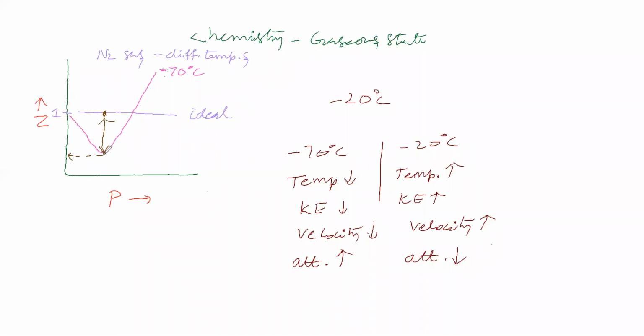At this point, at this pressure. In this graph at minus 70 degrees Celsius, the magnitude of attractive force is highest for nitrogen gas at this pressure. At the rest of the pressures, the magnitude of attractive force is less. So this dip of the curve says at which pressure the magnitude of attractive force is maximum for a given curve.